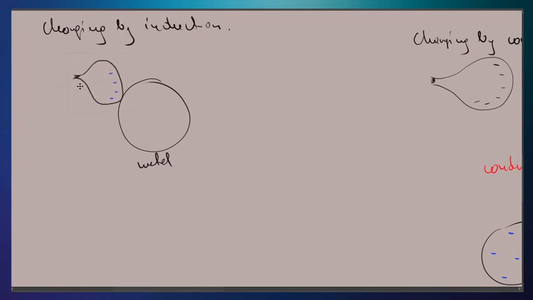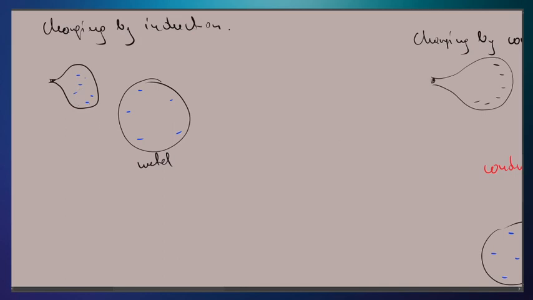As you touch it, electrons jump into the metal. So some of them transfer, and these electrons now distribute themselves evenly throughout this whole thing. Let's say five of them have been moved.